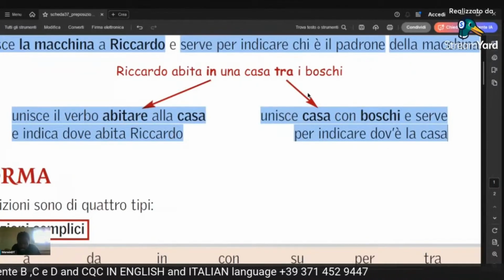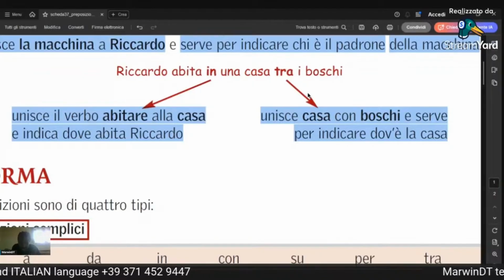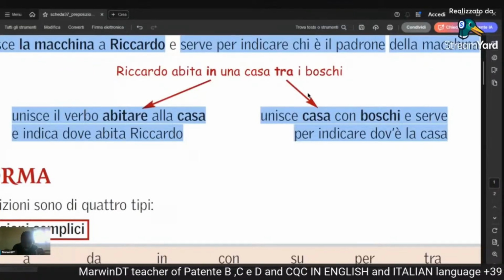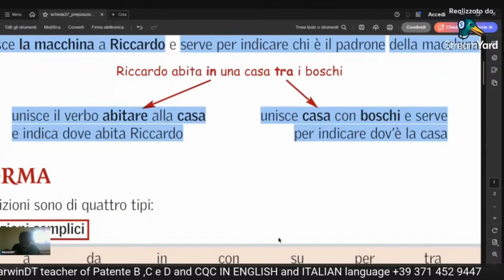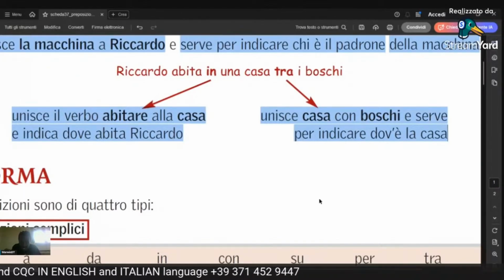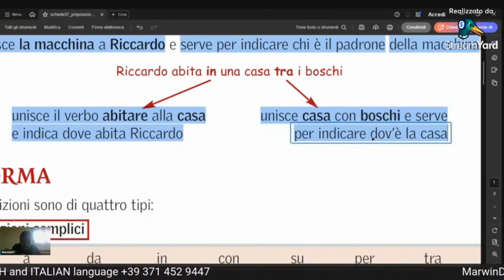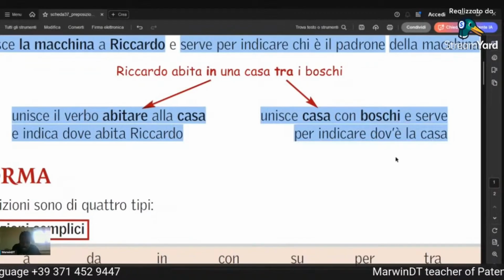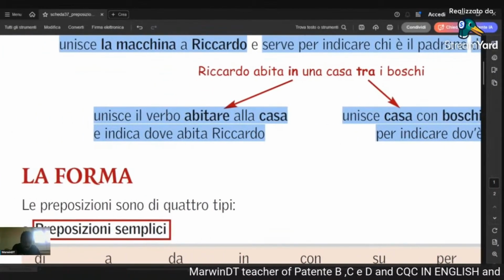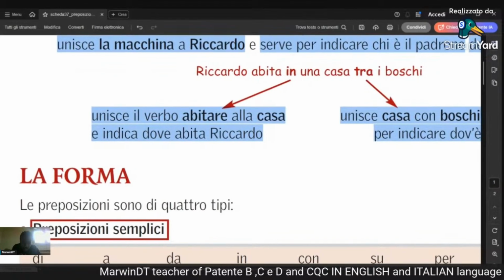Meanwhile, tra is uniting the house with the boschi, the house with the bush, and its purpose is to indicate where specifically Riccardo lives, or where specifically the house of Riccardo, dov'è la casa, is located.